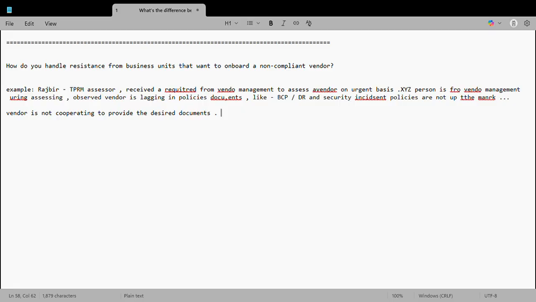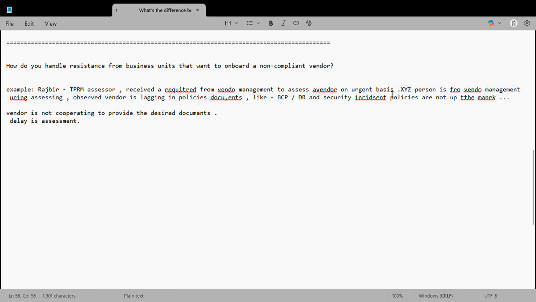But as you know, to fulfill the complete assessment, they need to provide documents like BCP, DR documents and the security incident policy, but they are not cooperating. That's why there is a delay in the assessment. But as you can see, there is an urgency of hiring.